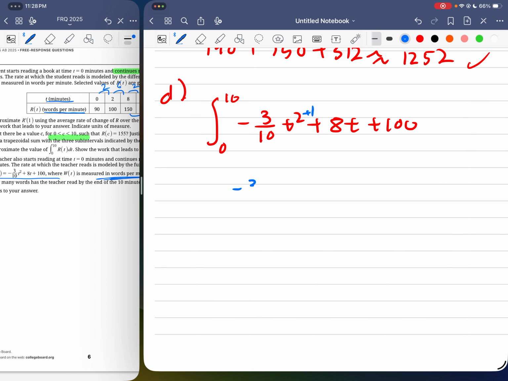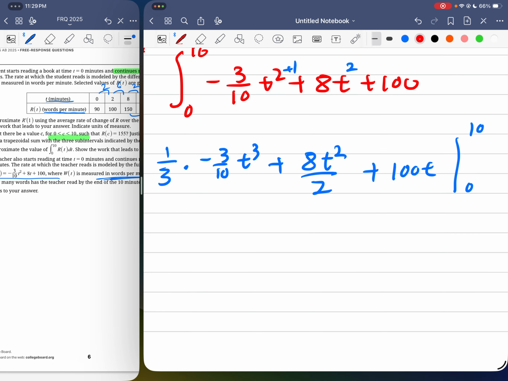So let's give negative 3 over 10 t to the third power, divide by 3, but that's too much, so I'm just going to multiply by the flip. Instead of divide by 3, I'm going to put 1/3. Plus, 1 plus 1 is going to be 2, so it's 8t squared over 2, plus 100t, from 0 to 10.